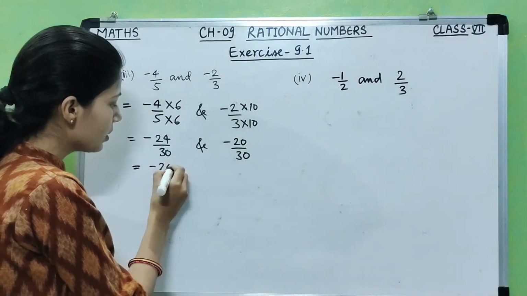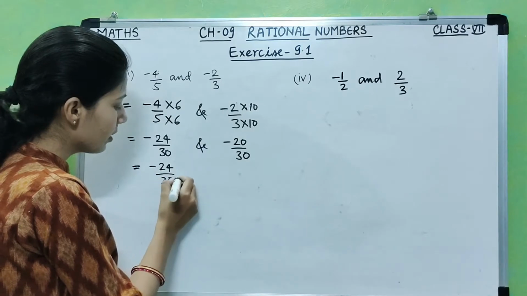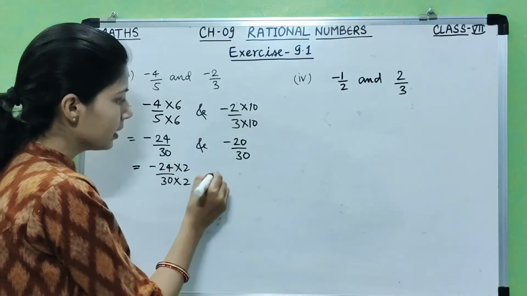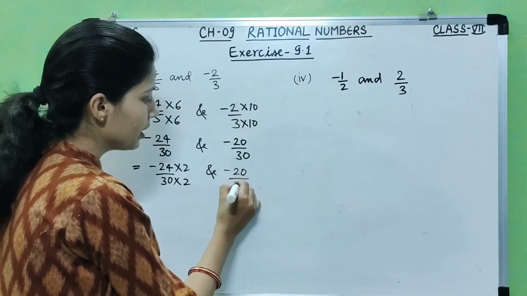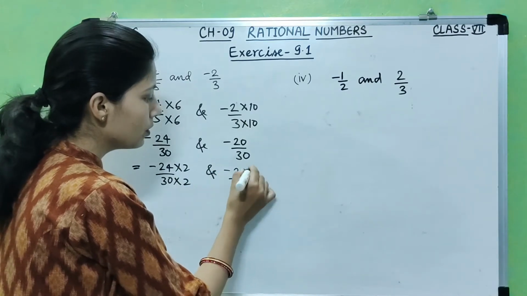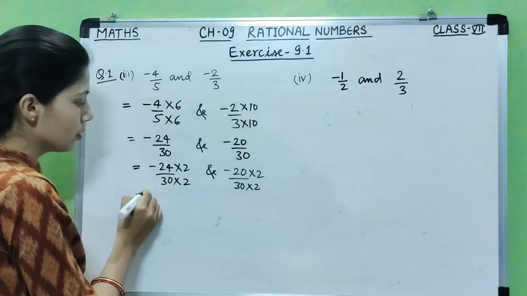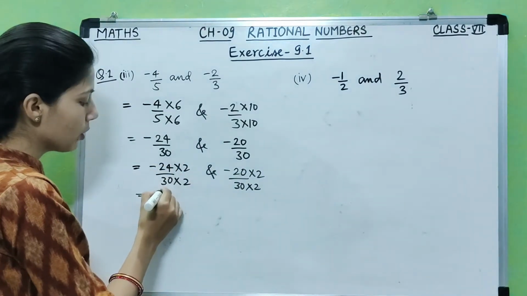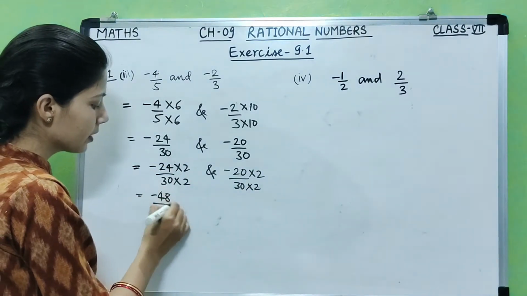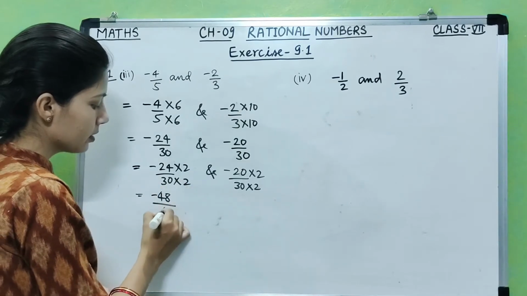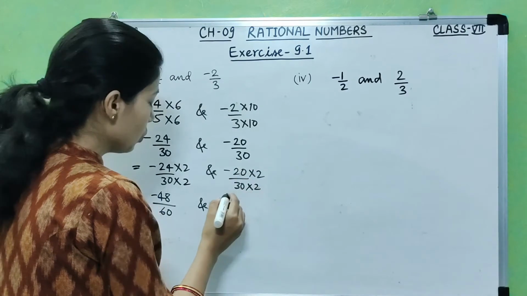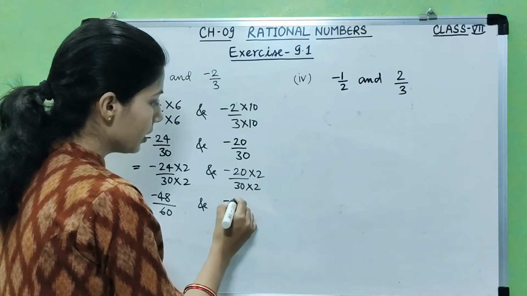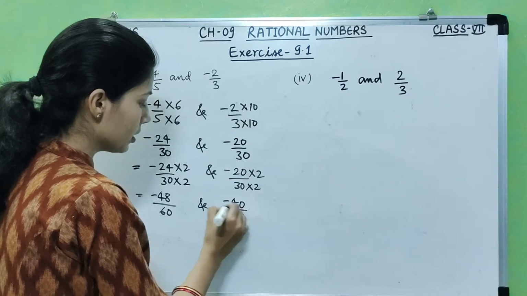So see, minus 24 upon 30, if we multiply by 2, here also because we have to keep the denominators the same, so 20 upon 30 into 2 here also. So 24 2s are 48 with minus sign and 30 2s are 60. Here minus 20 into 2 is minus 40 upon 60.